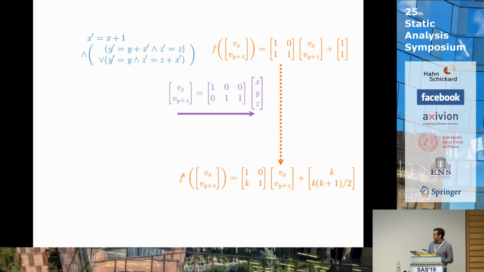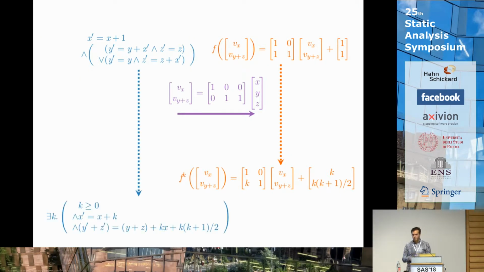So if I apply this function f k times to its initial argument, x and y plus z, then that corresponds to this sort of symbolic affine transformation, symbolic in the loop count k. Now I'm going to take this closed form, and I'm going to map it back into 3-dimensional space by applying this linear transformation in reverse. And what I get is a transition formula that over-approximates the behavior of my loop.